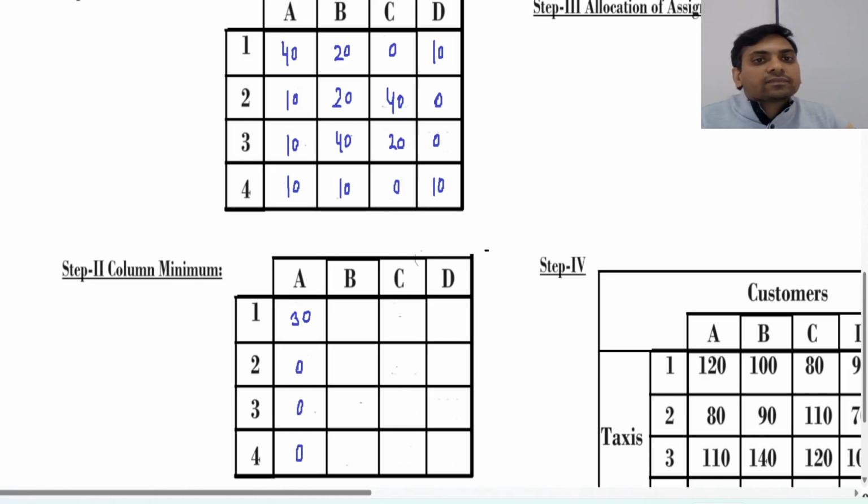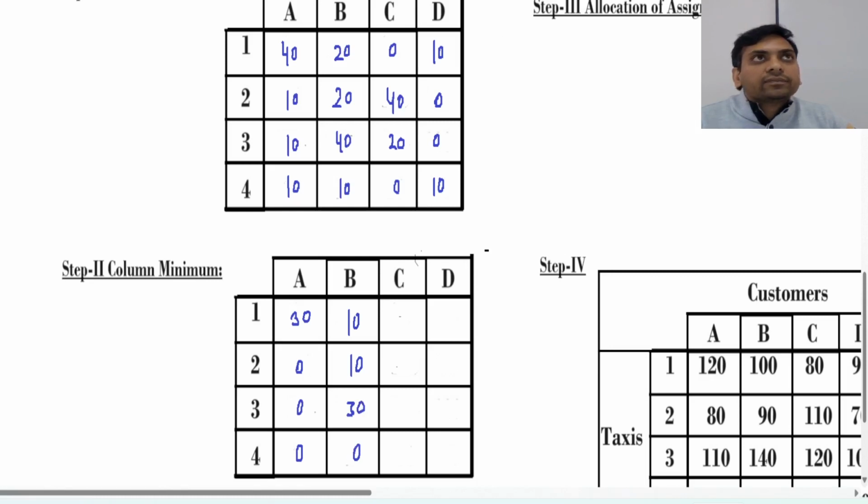Now in the next column, again 10 is the least number, so we subtract 10 from all elements of column B. So 20 minus 10 is 10, 20 minus 10 is 10, 40 minus 10 is 30, and 10 minus 10 is 0.